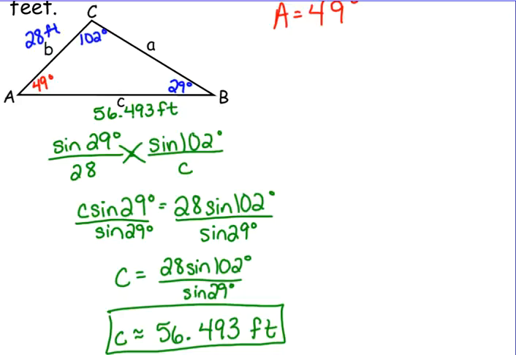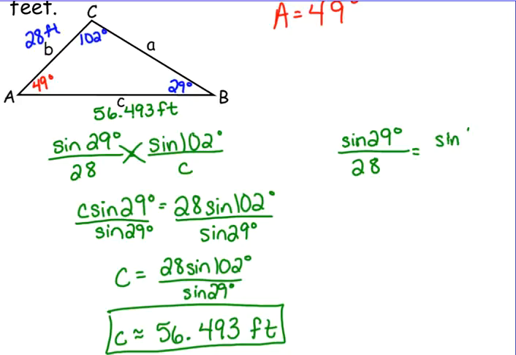Now to find side A, again, we're not allowed to use the Pythagorean theorem. It's not a right triangle, so we're just going to have to repeat the process of using our law of sines. I personally would go back to using the sine of B over side B, because they gave me that information.